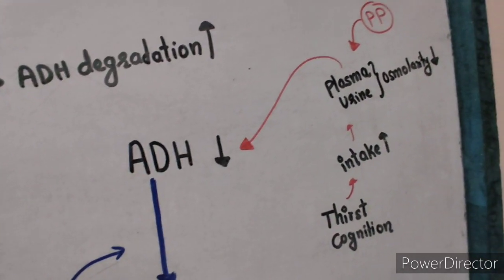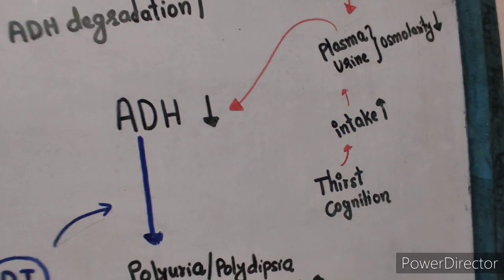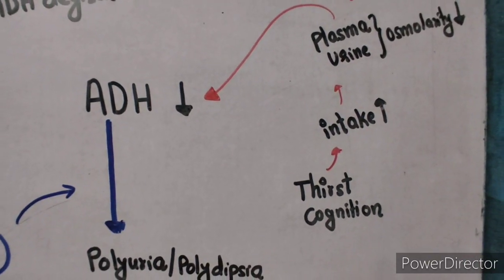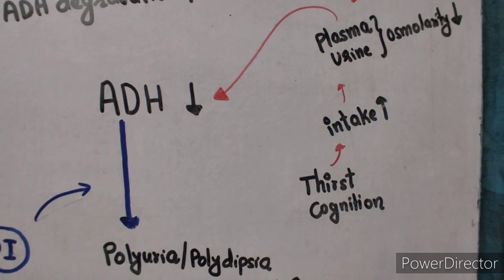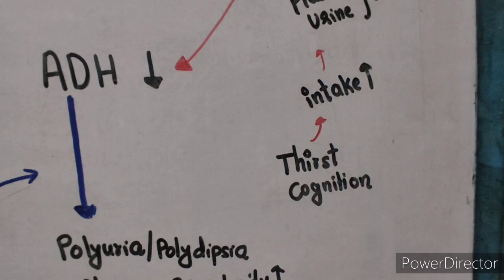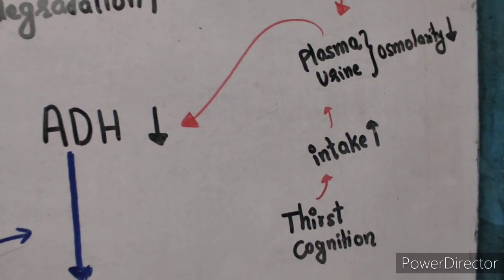But in primary polydipsia, the pathogenesis is just reverse. There is either abnormal thirst, as in dipsogenic primary polydipsia, or abnormality in cognition, as in psychogenic primary polydipsia, because of which there is excessive intake of fluids.